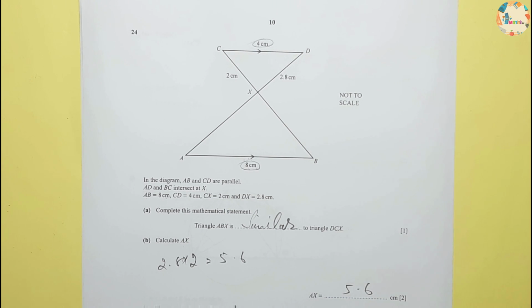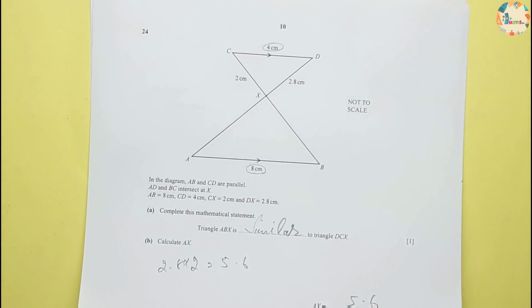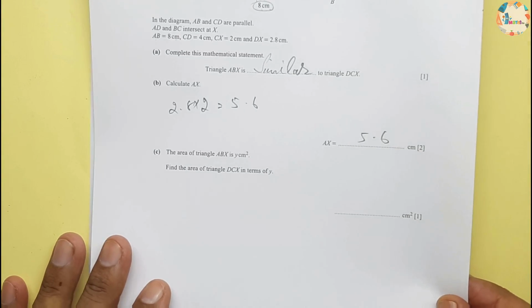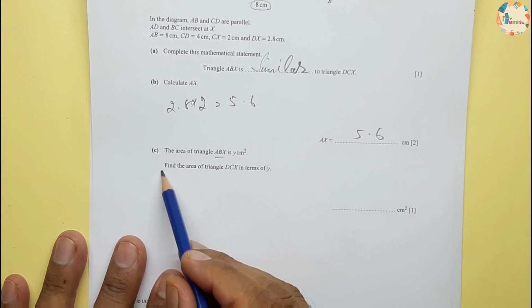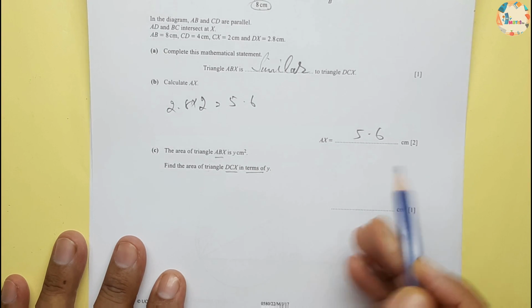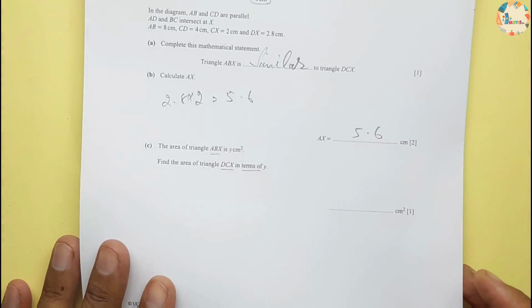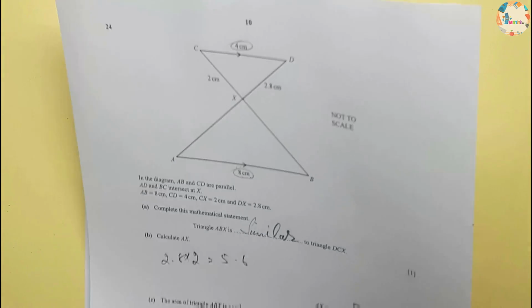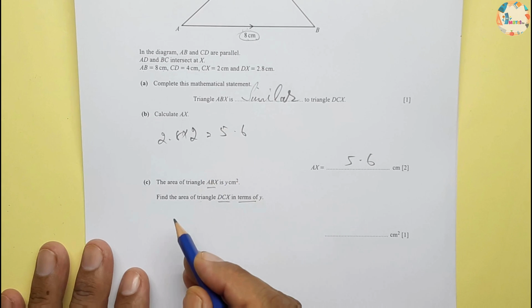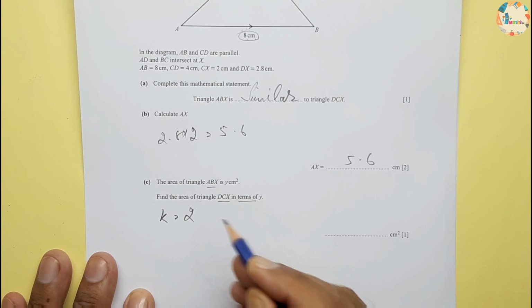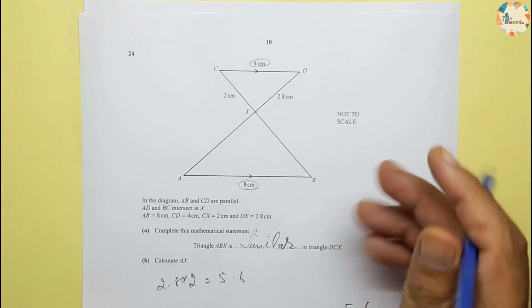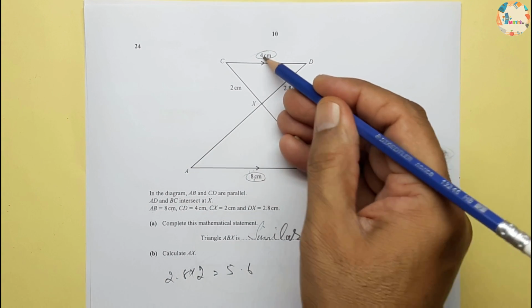Then the area of triangle ABX is Y. Find the area of this one in terms of Y. So we will be using the K ratio which we have used. K is equal to 2. We got 2 from 8 divided by 4, which is 2.